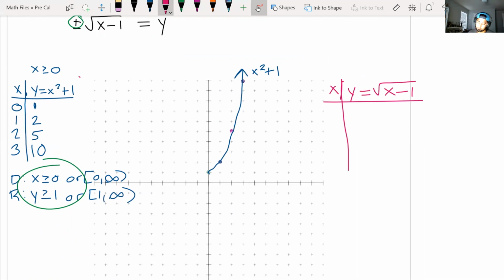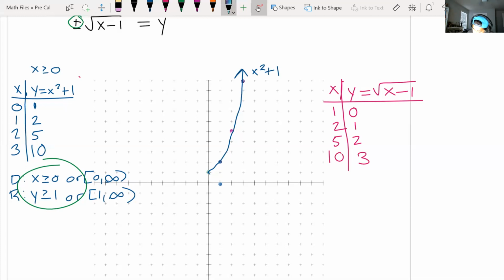No, we take these and flip them. 1, 0, 2, 1, 5, 2, 10, 3. Are you ever going to have to pick new numbers? We shouldn't have to, but it could depend on the domain, but we should never have to. I've never had that issue, but it could come up.